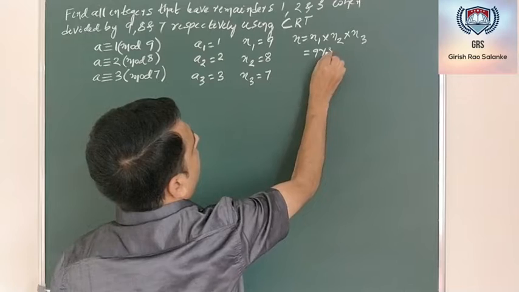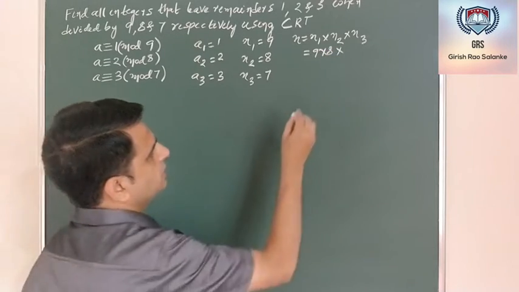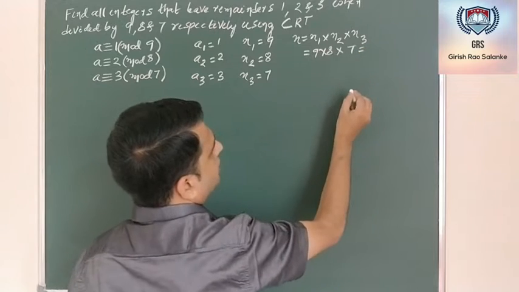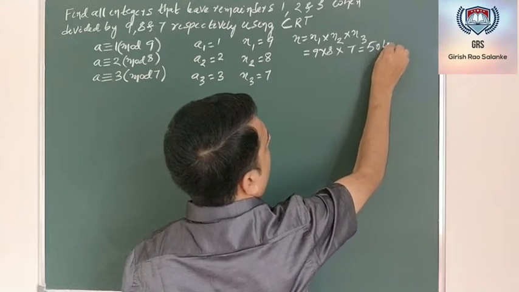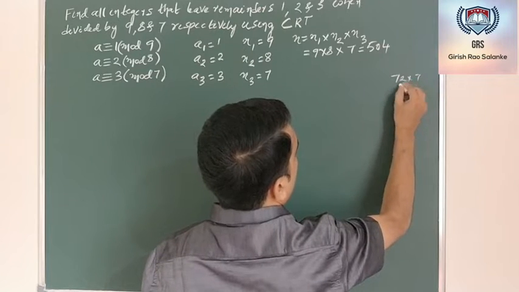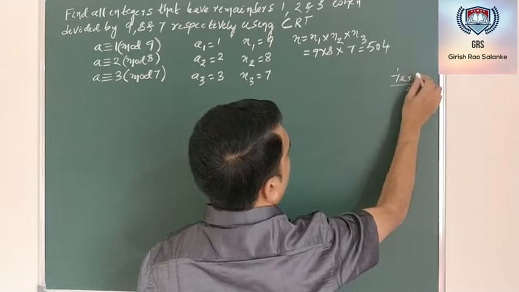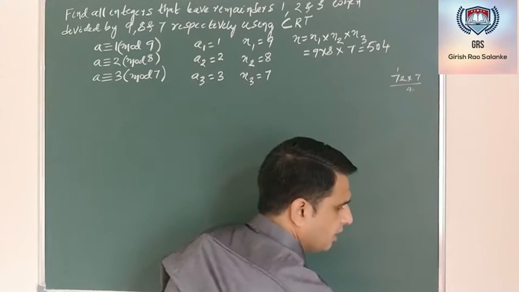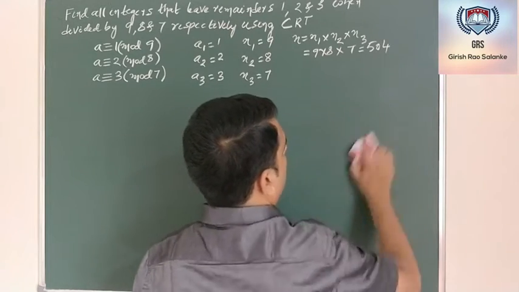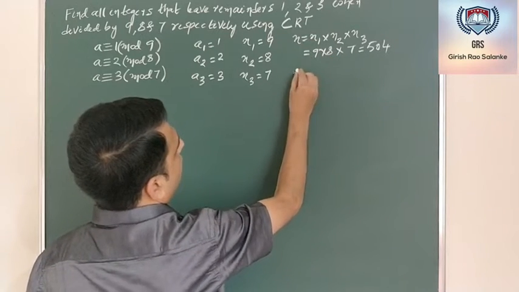So 9 8s are 72. 72 into 7 is 504. Let me check: 7 2s are 14, 1 carry, 7 7s are 49 plus 1 is 50. Yes, it is 504.